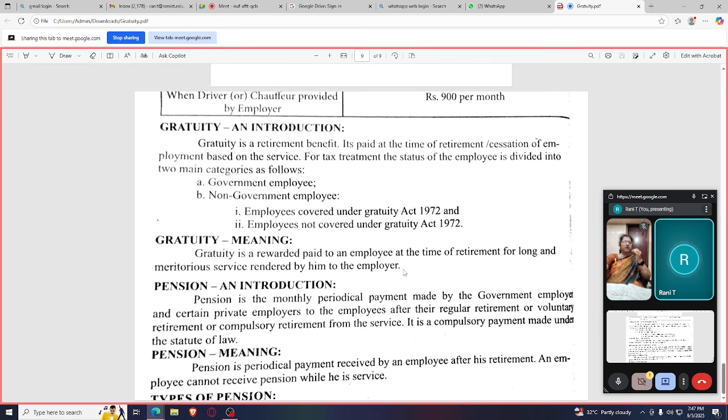When you take it as a lump sum amount, there are provisions we are going to learn, and if you are getting it monthly, we are going to learn that also. If you are getting it in a lump sum way, we say commuted.